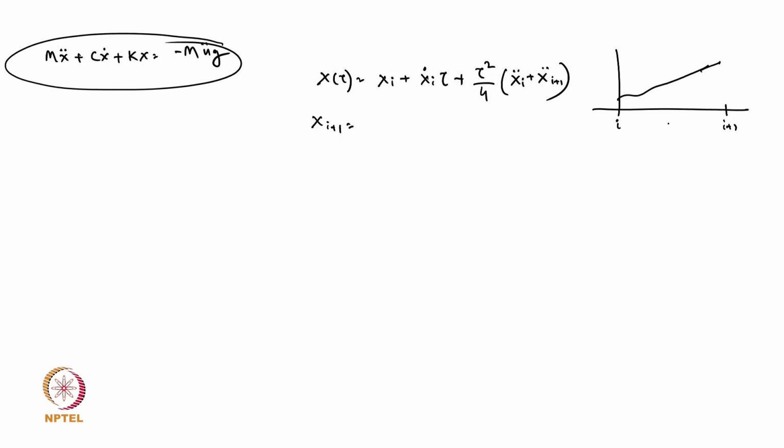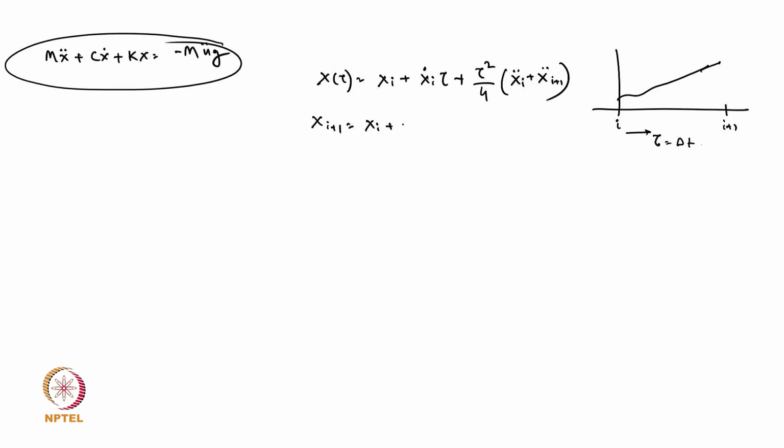So what should we substitute here? If I try to get xi plus 1 from this equation, tau equal to how much? Tau equal to delta t, exactly. Perfect.